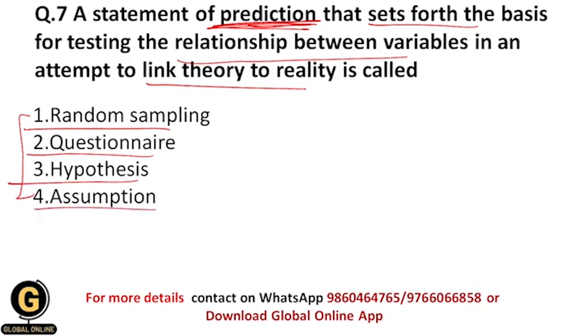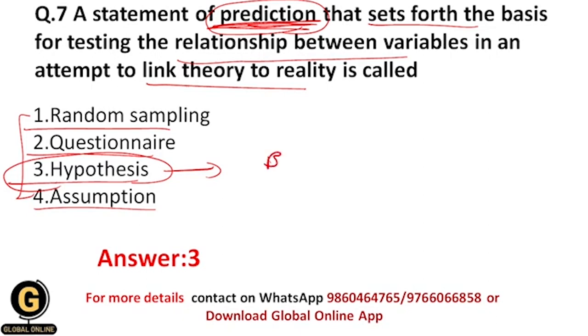So all of you now understood that, students. The correct answer is hypothesis, because hypothesis is the statement of prediction. That's why I have told you to focus on this word, prediction. Whenever you see prediction in the research methodology section, it is nothing but the hypothesis. And one more thing is that hypothesis gives us the basic information about the testing of relationship between the variables under study, and this is the attempt to link the theory part to the reality.